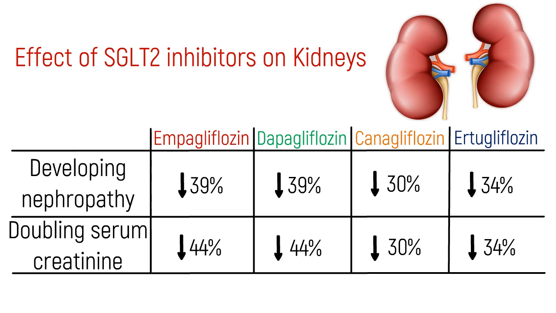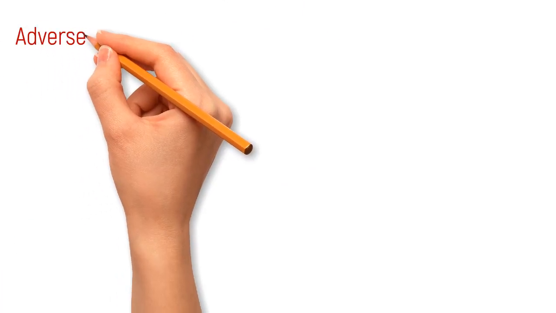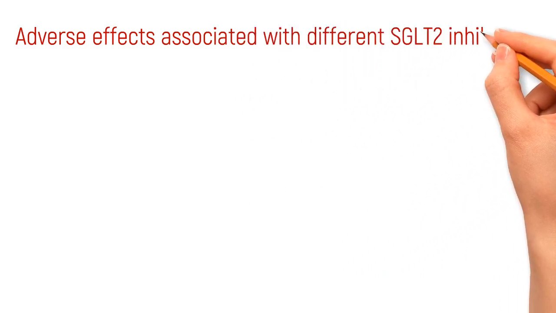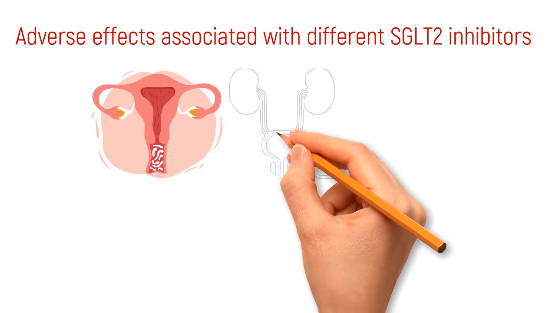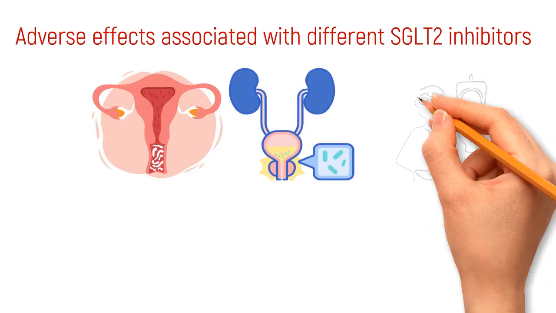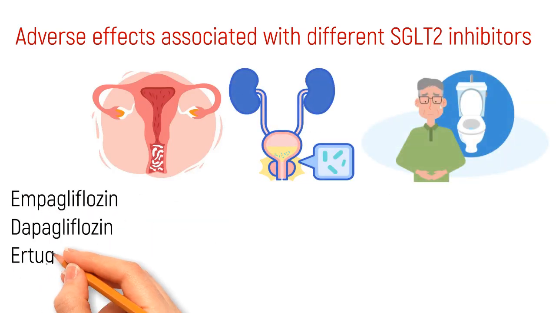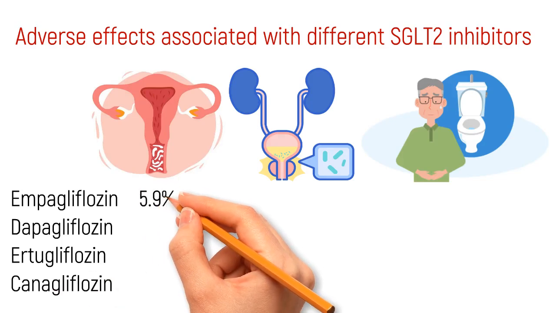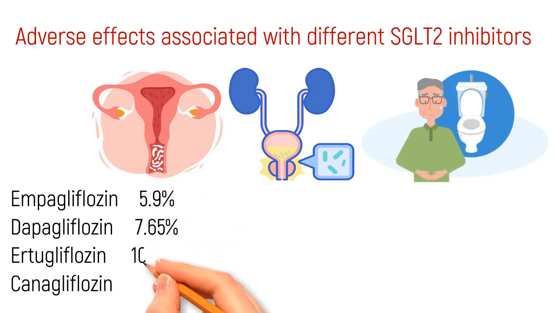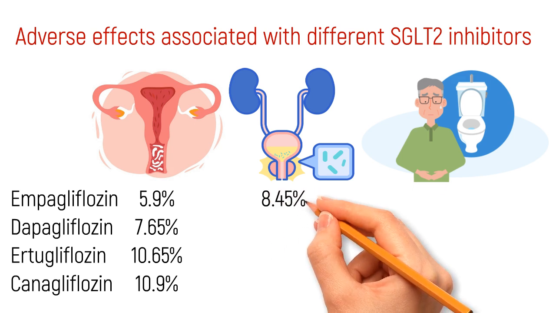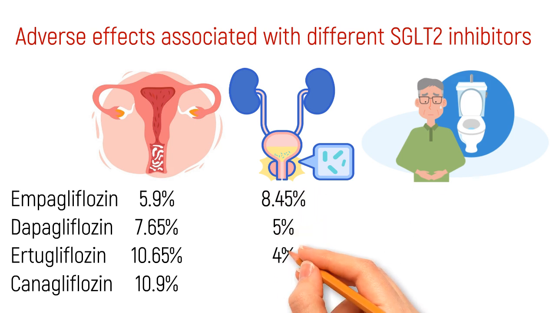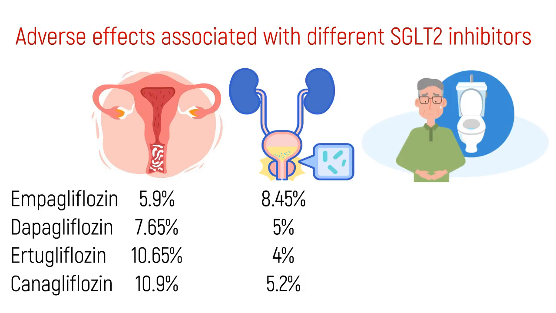Finally, we will compare the SGLT2 inhibitors based on their adverse effects. The most common adverse effects associated with these medications include female genital mycotic infections, urinary tract infections, and increased urination. Female genital mycotic infections occur in 5.9% of patients using empagliflozin, 7.65% with dapagliflozin, 10.65% with ertugliflozin, and 10.9% with canagliflozin, while urinary tract infections are reported in 8.45% of patients taking empagliflozin, 5% with dapagliflozin, 4% with ertugliflozin, and 5.2% with canagliflozin.